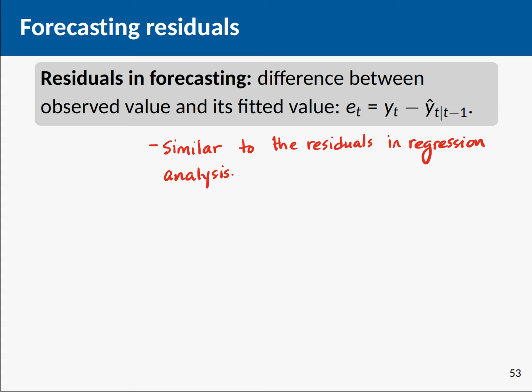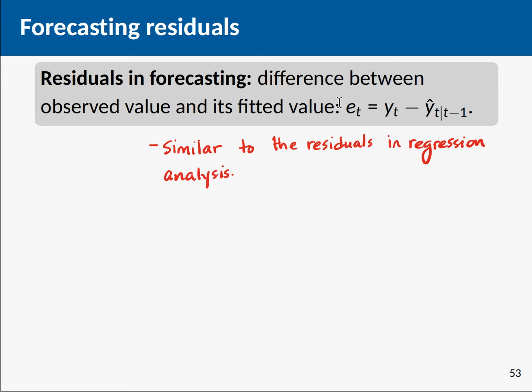So that brings us to, if we know what the fitted values are, we can then try to assess what our residuals look like. The residuals are calculated as the difference between the observed value, a value from your training data set, and its fitted value.